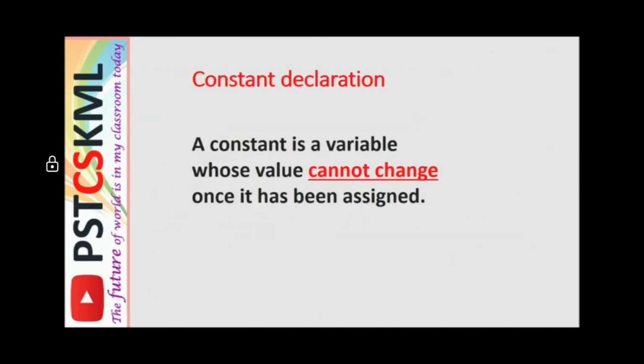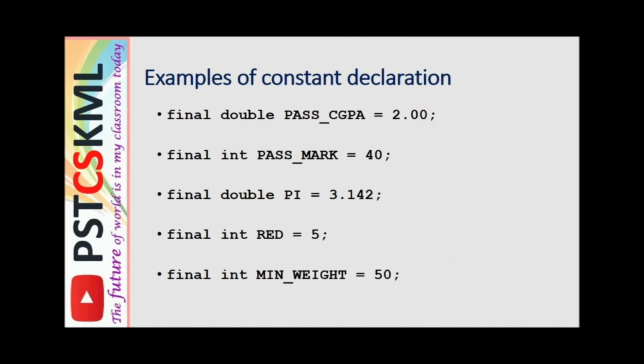Okay, as a reminder about constant declaration, a constant is a variable whose value cannot change once it has been assigned. So for example, for PI, if we assign the value of PI 3.14 again at the bottom, there is an error on the program.